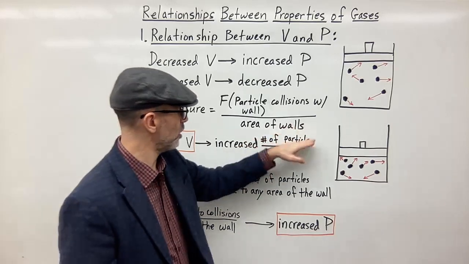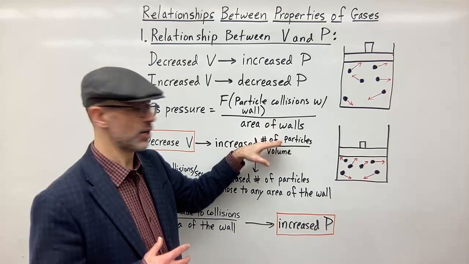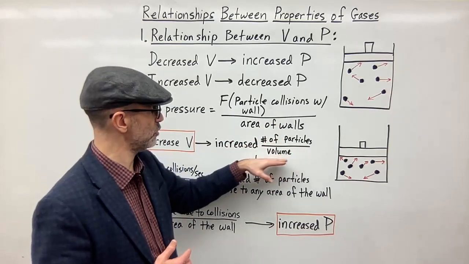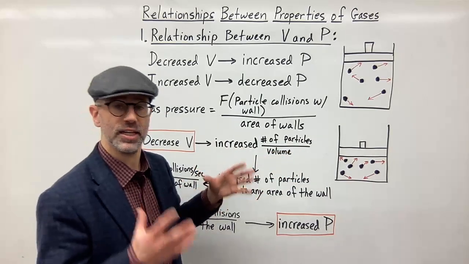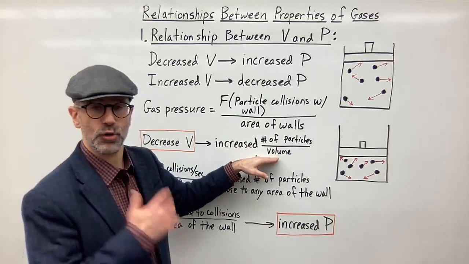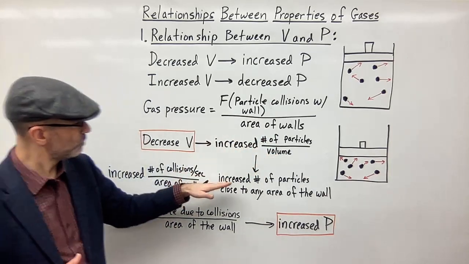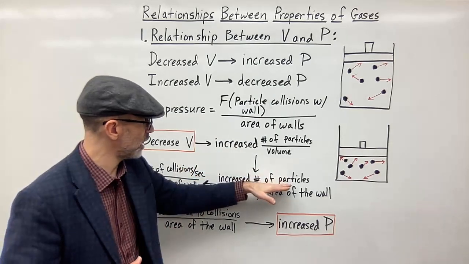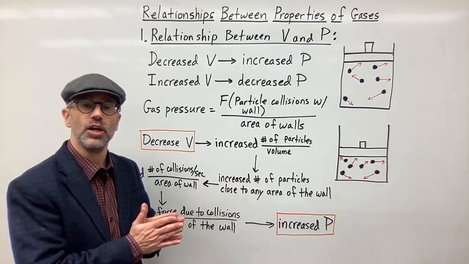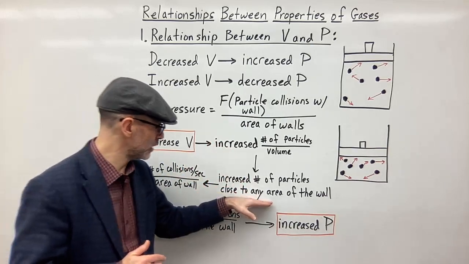The volume of the container has decreased, so this ratio of number of particles per volume has increased. How has it increased? Well, we've increased the number of particles that are close to any area of the wall. So the number of particles colliding with the wall at any one moment has increased.